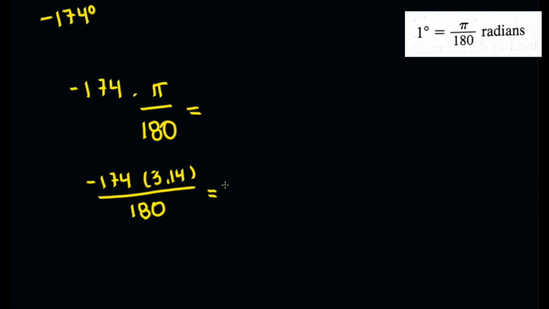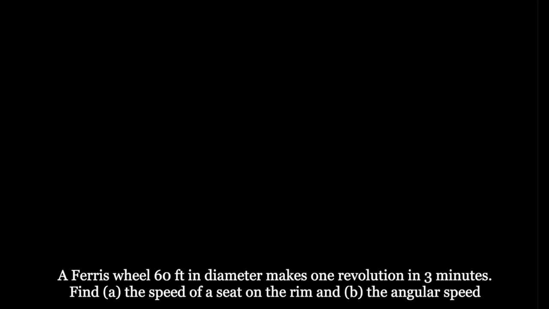If we enter this into our calculator, our answer is around negative 3.035 and then repeating 3. However, we are told to write our answer to the nearest hundredth of a radian. So our actual answer is going to be negative 3.04.